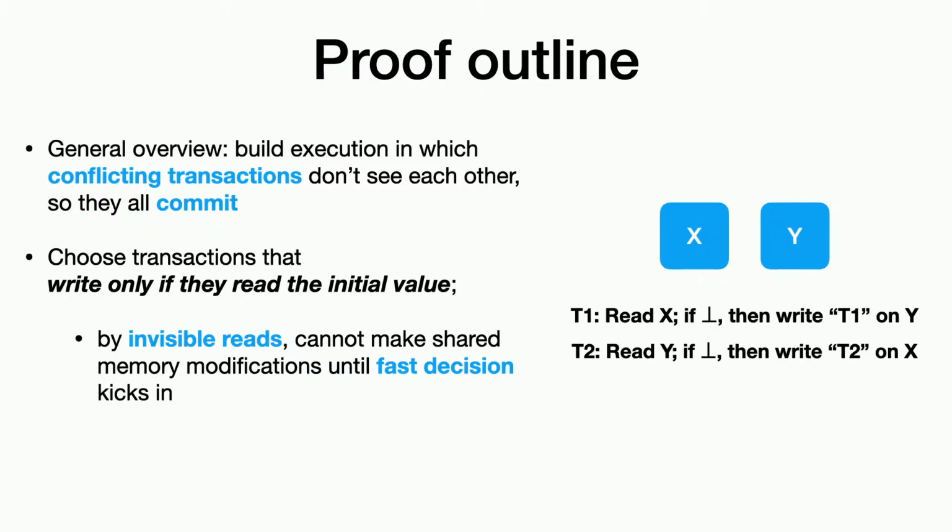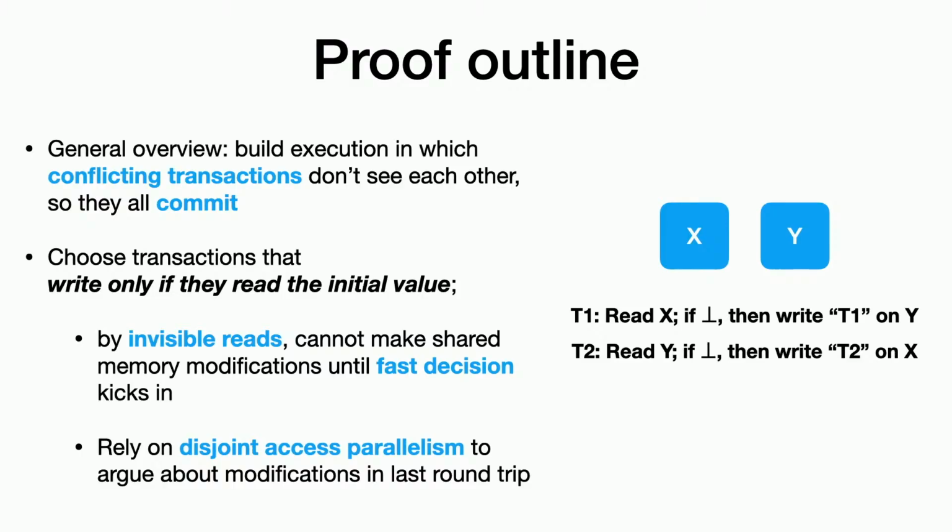So we basically argue that however they discover their data set, they're not allowed to write anything because of invisible reads before they do discover this data set. And once they do, we now have a single round trip to argue about. We need to argue that during this round trip, they still don't see each other.